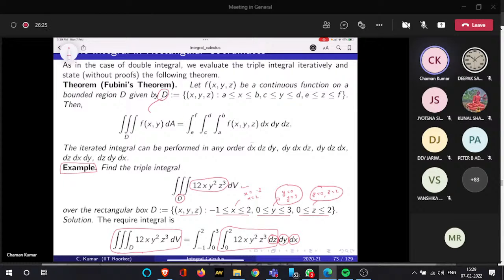So that means x and y are constants. You can take this out of the integration. 12xy squared will come out of the integral.